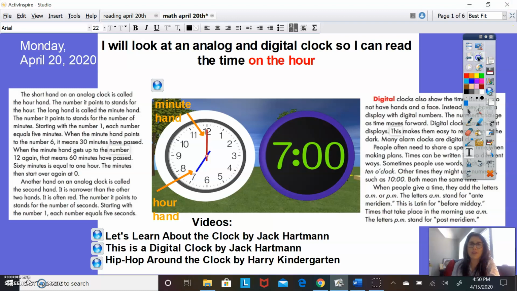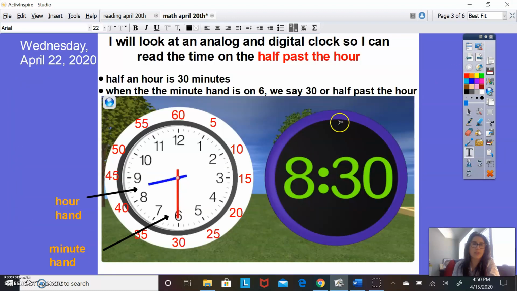So then on Wednesday we talked about looking at our analog and digital clocks so that we could read time half past the hour. We determined that if we went one full circle around, that is 60 minutes. 60 minutes equals 1 hour. But we also talked about if we stopped halfway, we stop at the 6, and half an hour is 30 minutes.